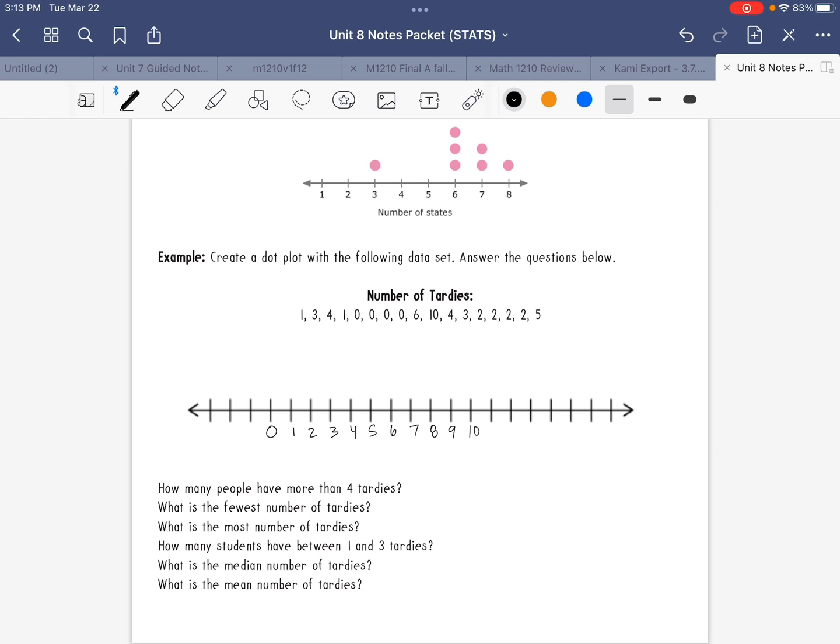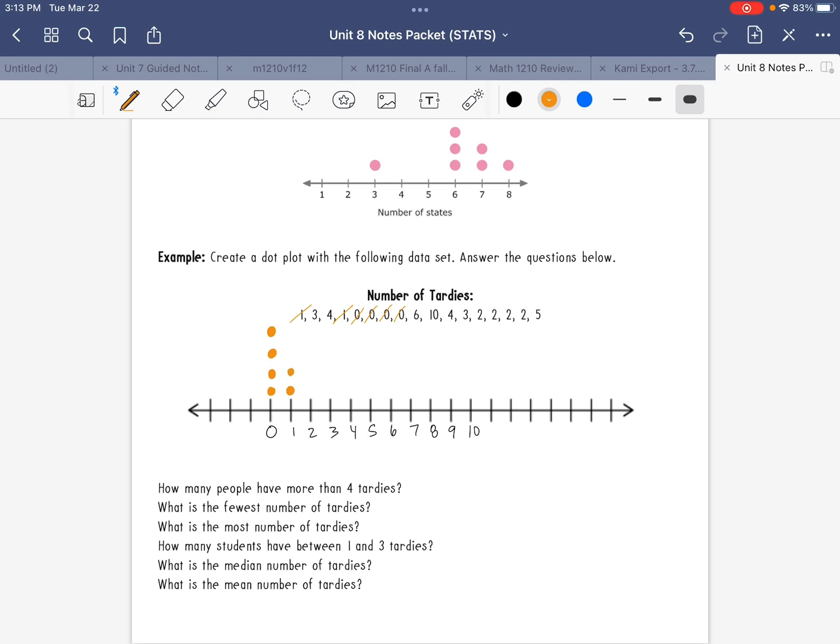Then we're just going to put a dot for each time it happens. So 0, we come across 0, 1, 2, 3, 4 times. So I'm going to put 4 dots on 0. Now we come across 1, 2 times.